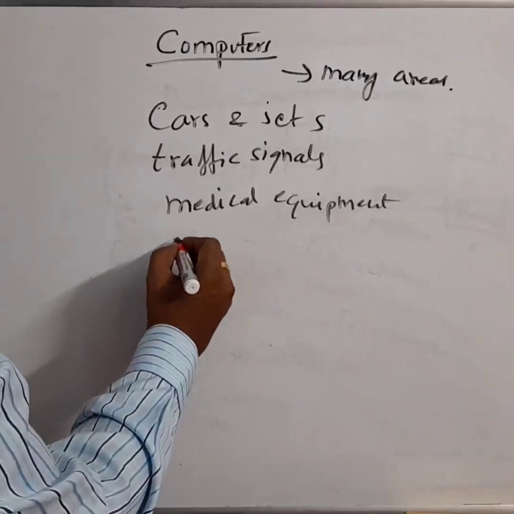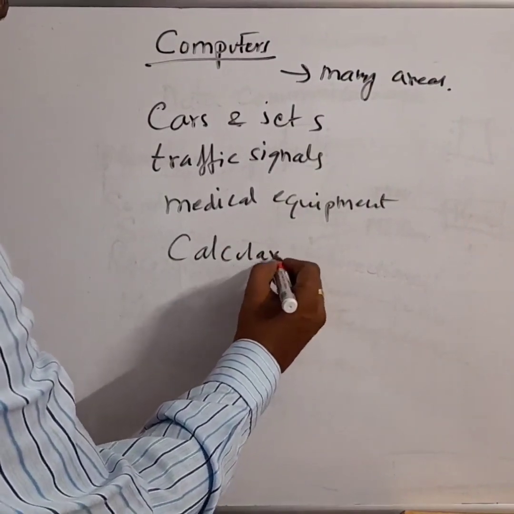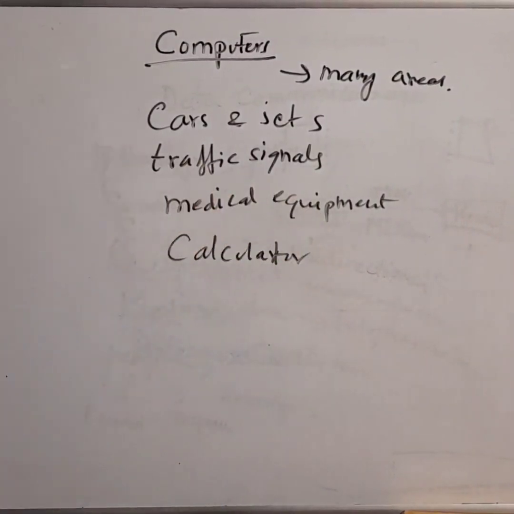They came across a device called a calculator for performing addition, subtraction, multiplication, and division. Then came new scientific calculators and later on, computers.